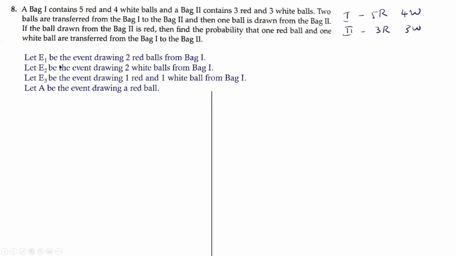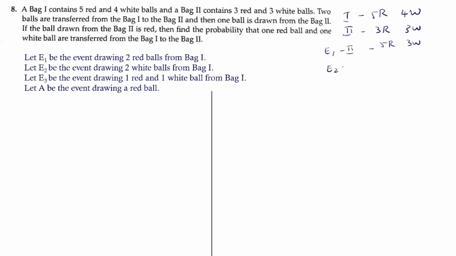Let E1 be the event drawing 2 red balls from bag 1. So if we draw 2 red balls from bag 1, then those 2 red balls will be transferred to bag 2. So if E1 occurs, then the second bag will have 5 red balls and 3 white balls. And let E2 be the event drawing 2 white balls from bag 1.